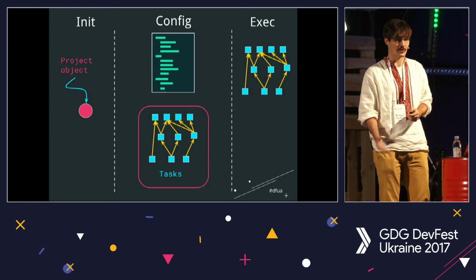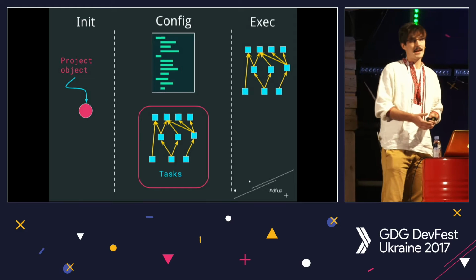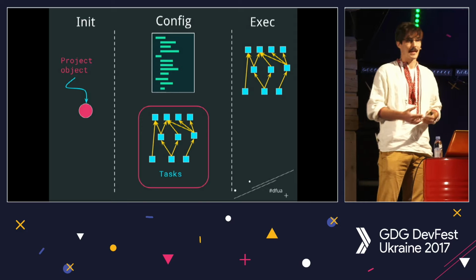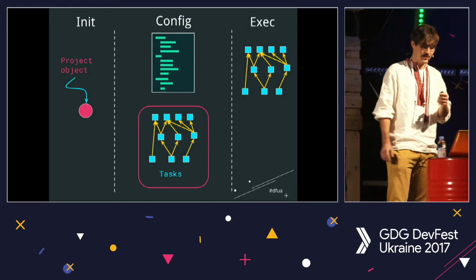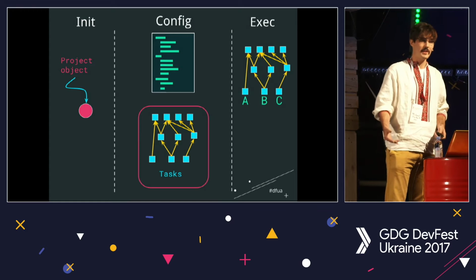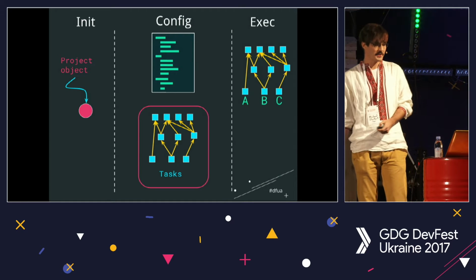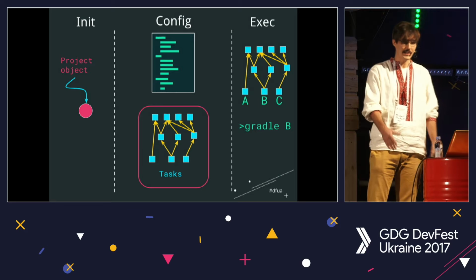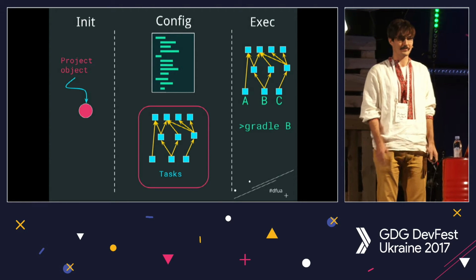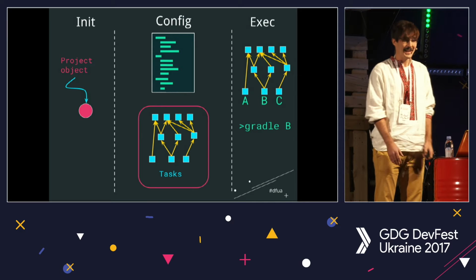And the execution stage. Now Gradle has all our tasks and dependencies between them. Let's imagine that there are tasks with names A, B, and C, and you go to the console and type gradle B. Also, you should use Gradle wrapper, but for now it's okay.